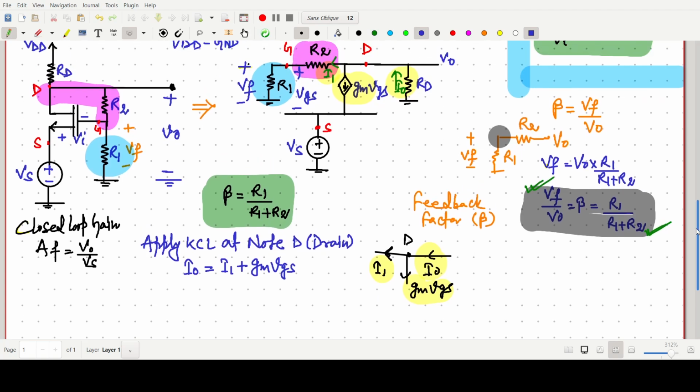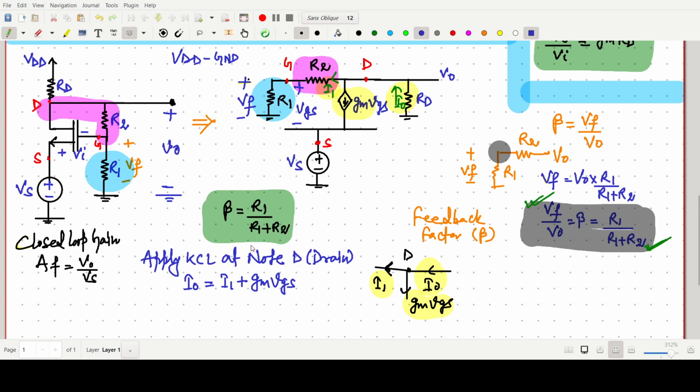Now we have to write I naught. We can write I naught equals 0 minus V naught upon RD. Then I1 is this current. This voltage is V naught and this one is 0, and this is our R1 and R2.